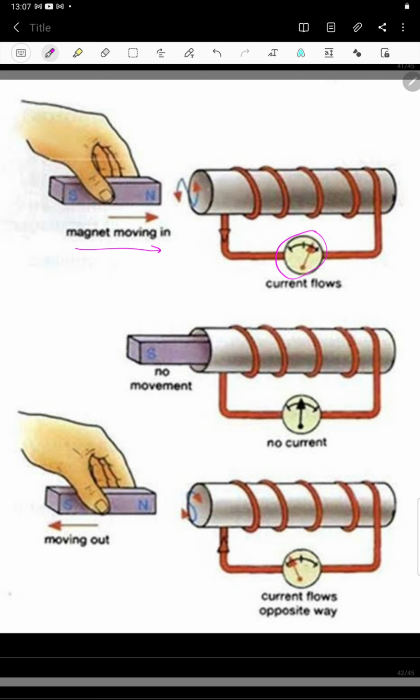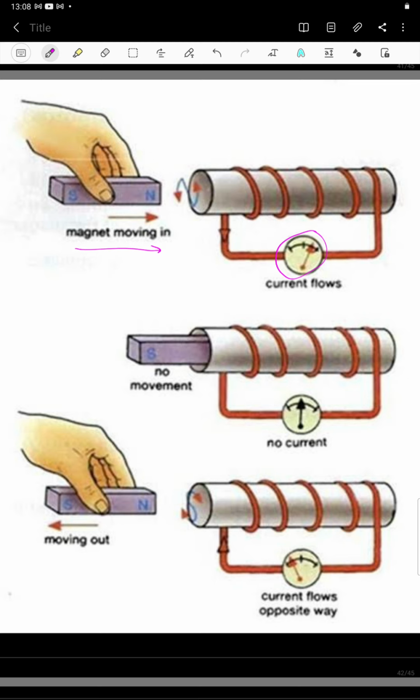These are the three experiments he performed, and he came to know that whenever magnetic flux linked with a conductor or coil changes, it induces an EMF or induced current. If the magnetic field changes, then the induced current changes, whether it increases or decreases, depending on the movement.